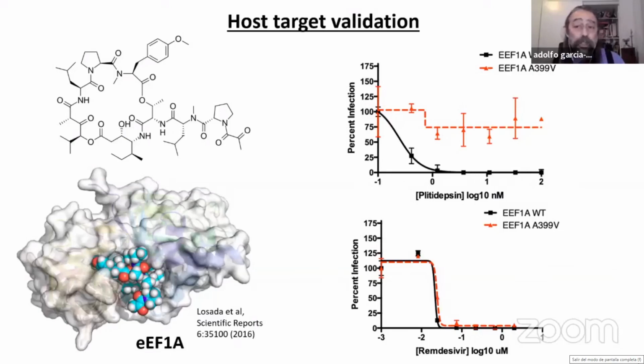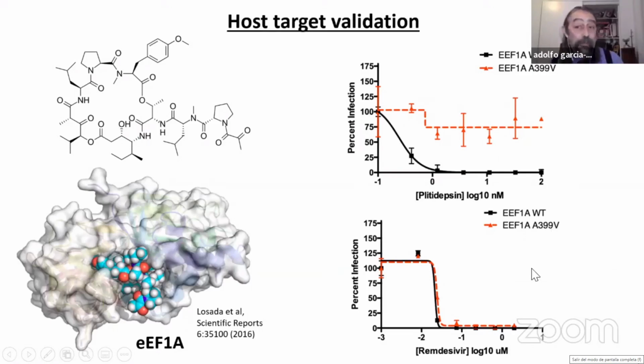There have been some tumors that have been treated with this inhibitor of tumor growth, plitidepsin, and they have developed resistance by a single point mutation in EEF1A that prevents binding of plitidepsin to this factor. This is the amino acid 399, a change of an alanine to a valine.